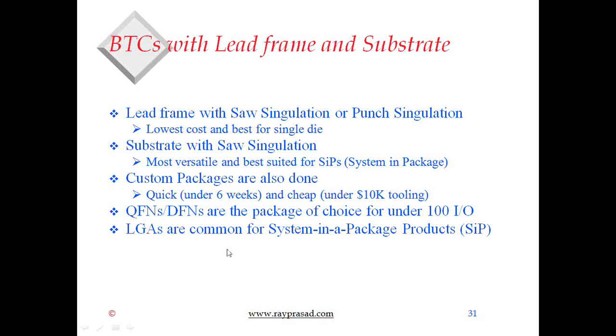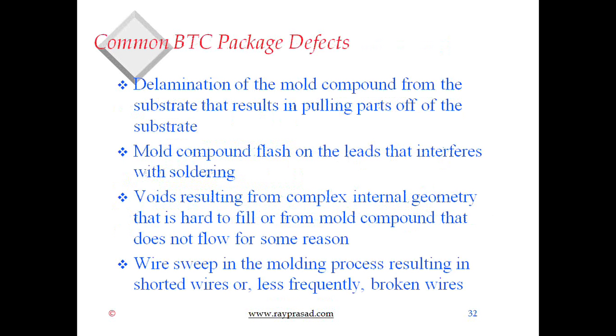So anytime you have consumer applications, not such a serious application, this is a package very widely used. LGA is common for system in package. LGA is a land grid array with a lot more silicon inside, and it can have a resistor, capacitor, some other silicon, and from outside it looks like a land grid array, just one package.